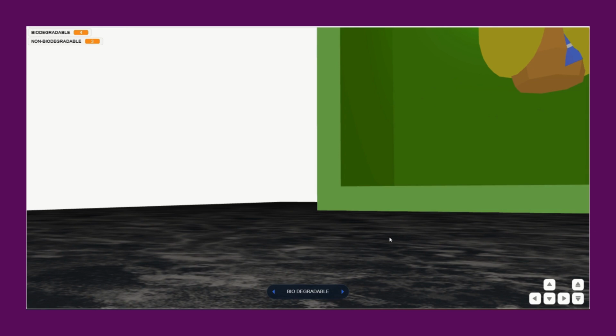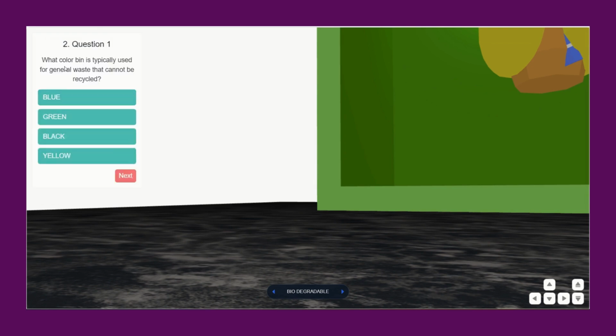Now let us press number 9. When we press number 9, we will see the quiz based on solid waste management. Which color bin is typically used for general waste that cannot be recycled?